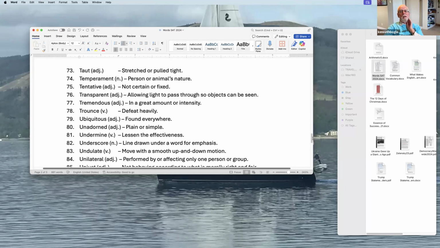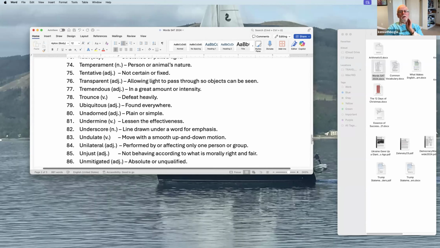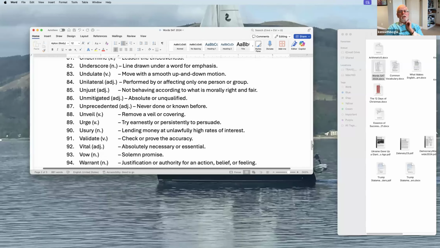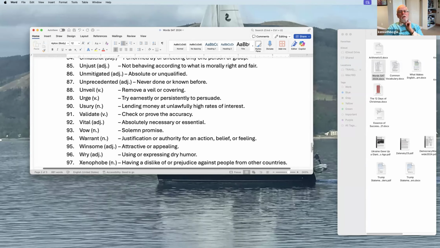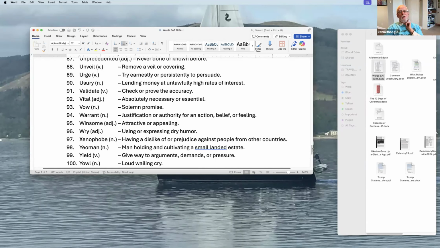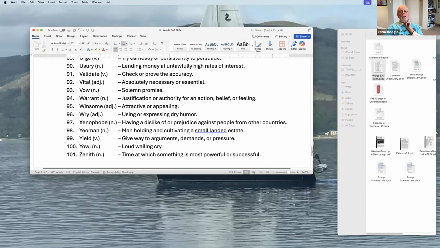Taut, temperament, tentative, transparent, tremendous, trounce, ubiquitous, unadorned, undermine, underscore, undulate, unilateral, unjust, unmitigated, unprecedented, unveil, urge, usury, validate, vital, vow, warrant, winsome, rye, xenophobe, yeoman, yield, zenith.